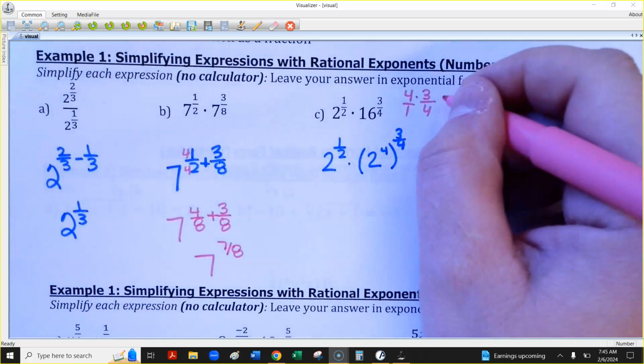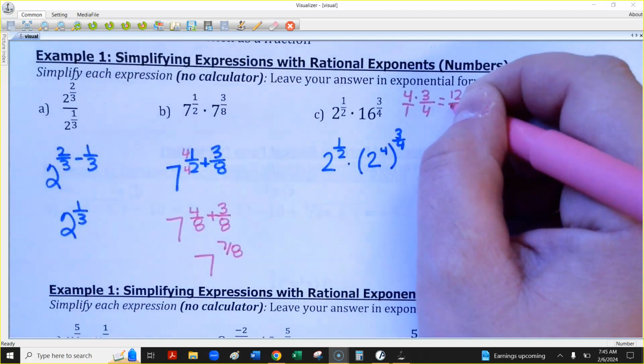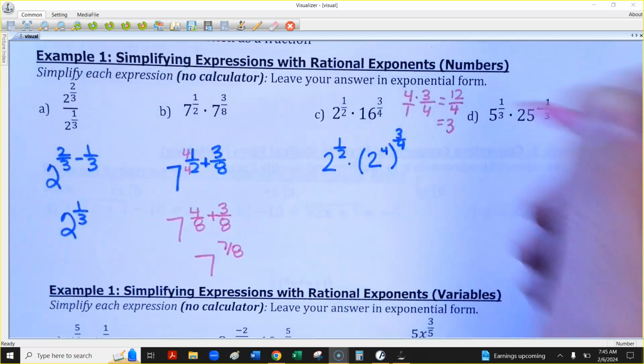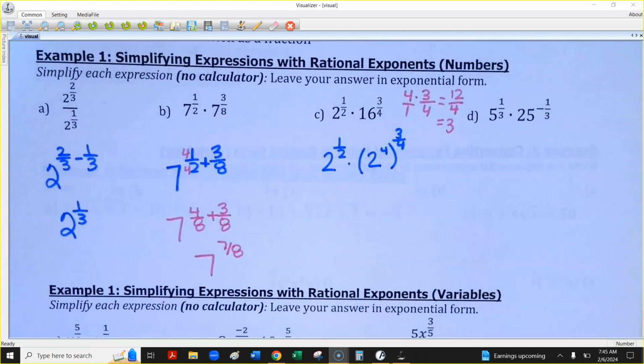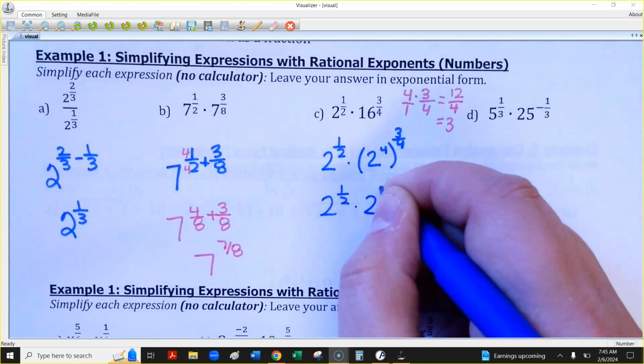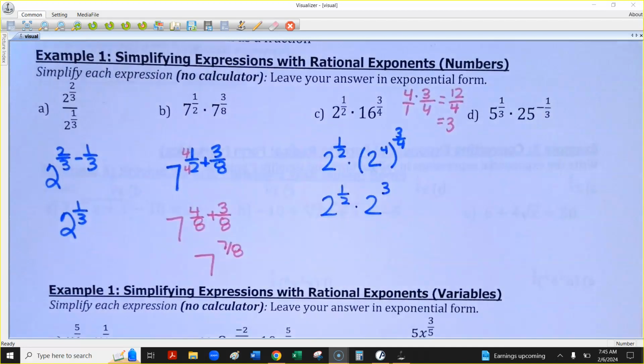In this case, this is going to be 12 over 4, which actually means the exponent on that second term would be 3. So I have 2 to the 1/2 times 2 to the 3rd. The goal there is to be able to simplify as much as we can. So if we can get them to be the same base, then we can go ahead and multiply these.